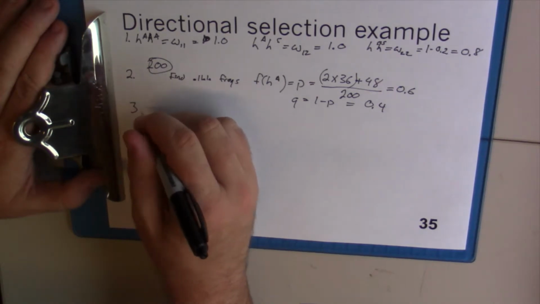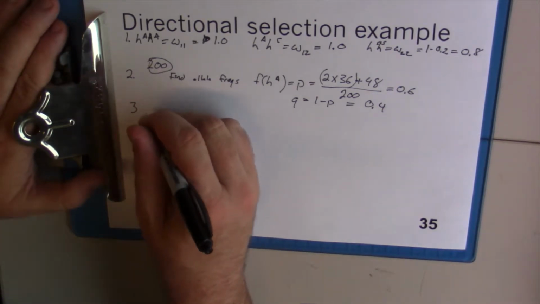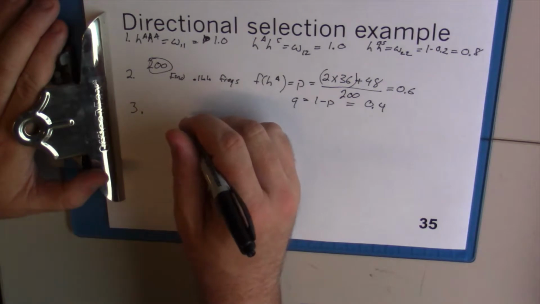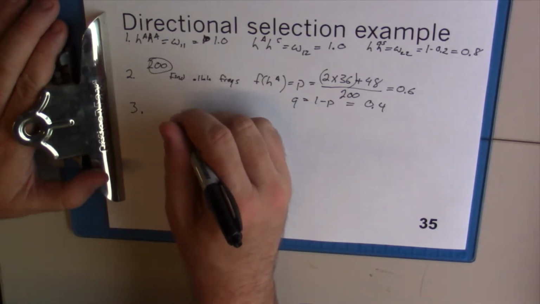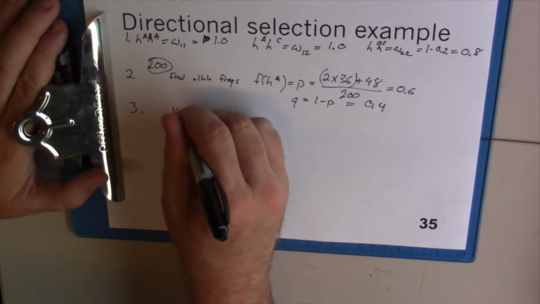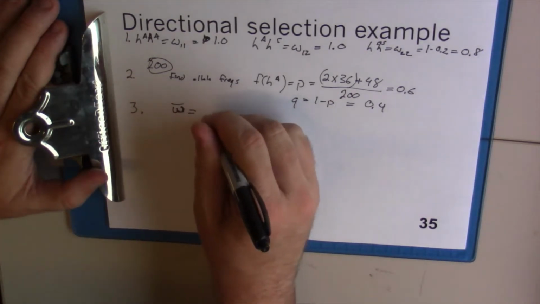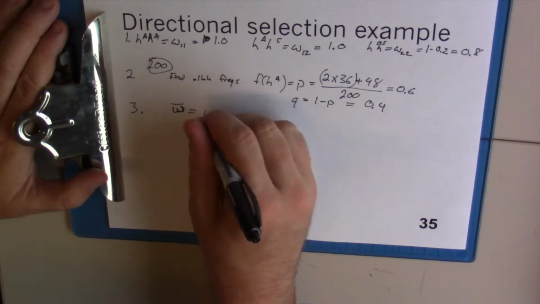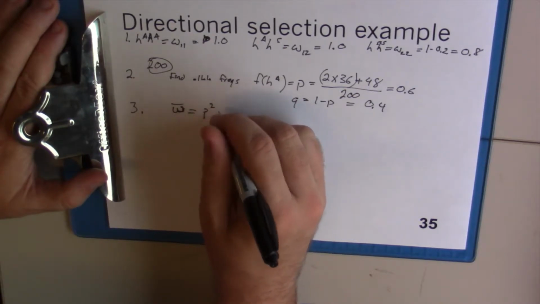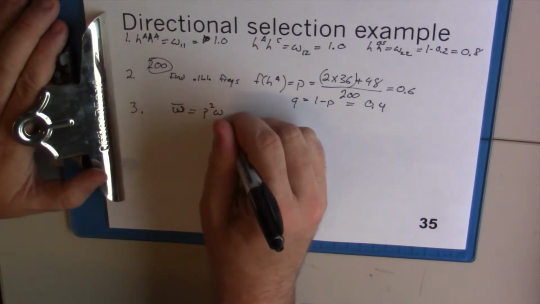Next step is to figure out the mean fitness. Remember that mean fitness is p squared times each of the fitnesses.